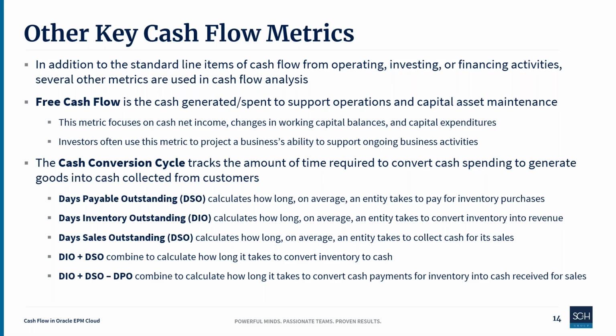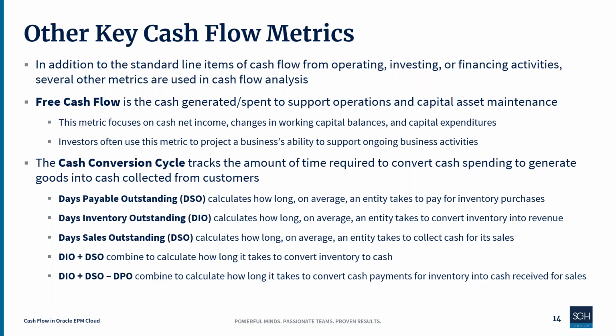There are 3 different metrics included in there, which are days payable outstanding, days inventory outstanding, and days sales outstanding. Your payables outstanding is how long on average it takes for you to pay off your inventory purchases. So for example, if it takes you 15 days to pay off your inventory, you'll have more cash available than if you were to try to pay those off within 10 days.